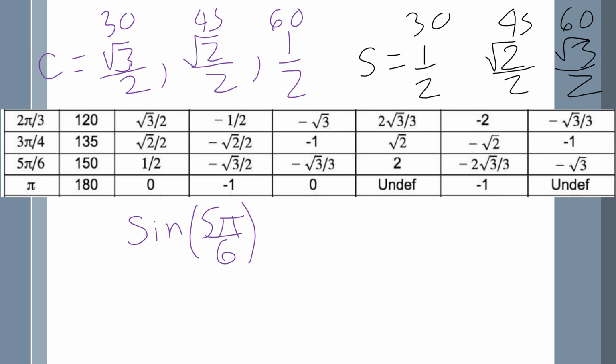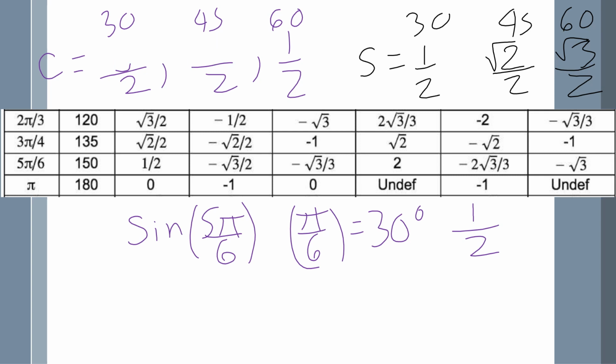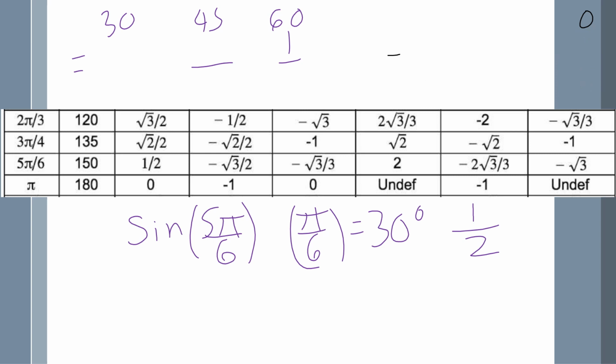Just treat it like it's pi over 6. We know pi over 6 is 30 degrees. And we know that sine of 30 degrees is going to be 1/2. So the question is, from there, you got to figure out, okay, what quadrant will I be in? To know your quadrant, do the following. Remember I told you about converting radians into degrees? We just figure out.